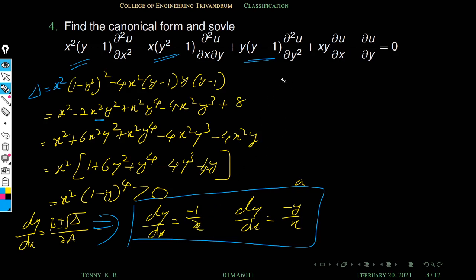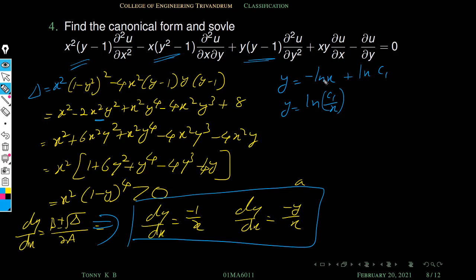By integrating the first equation, this becomes y is equal to minus log x plus some constant of integration. We can take the constant of integration also as log c1 if we want. So you can write this as y is equal to log a minus log b, which is log a by b, that is log of c1 by x.